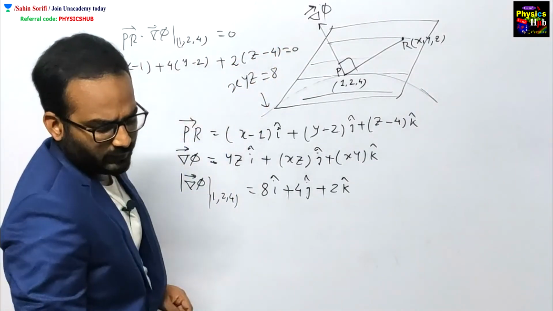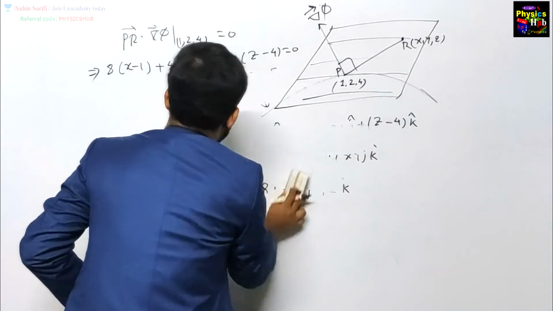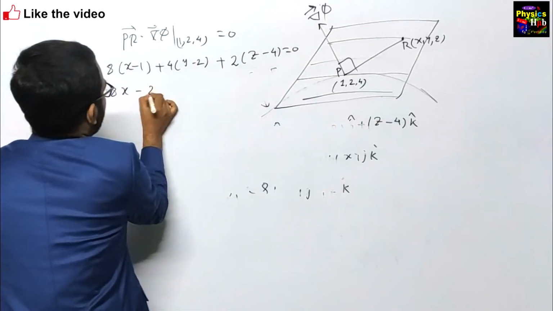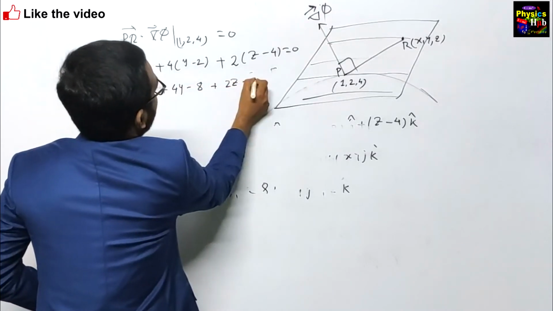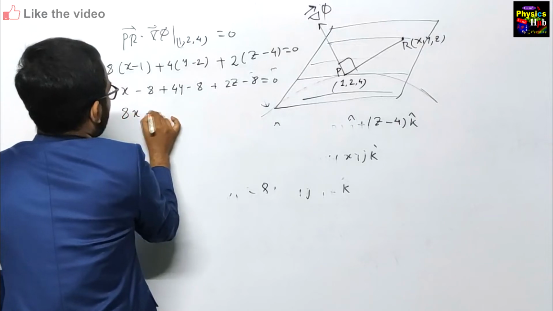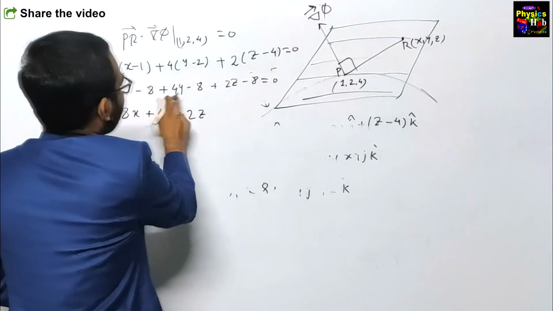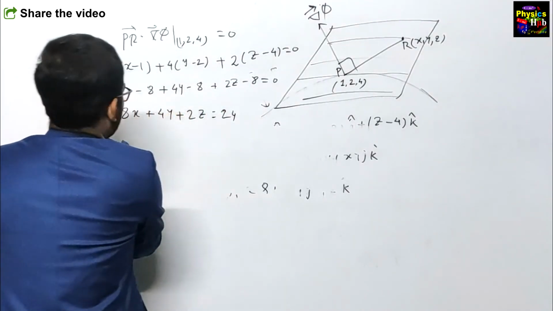So let's simplify it more so that it can be matched with one of the options given in the question. So you see, this is 8x minus 8 plus 4y minus 8 plus 2z minus 8, equals 0. So what do you get? 8x plus 4y plus 2z minus 8 minus 8 minus 8, minus 24, equals 0, so plus 24 on the other side.